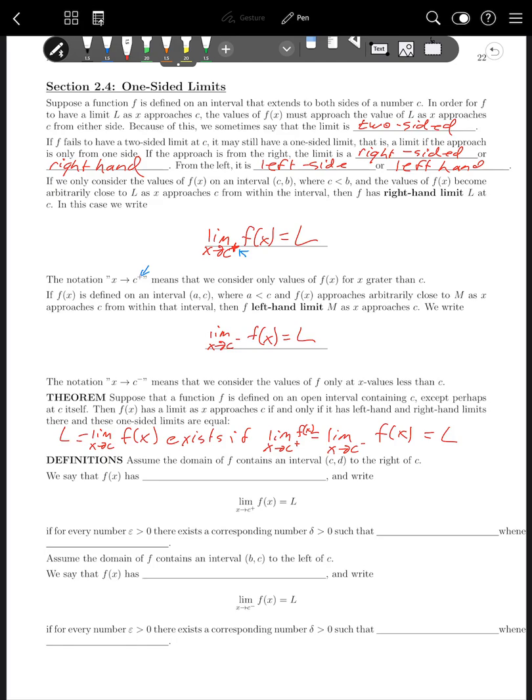We say that f of x has right-hand limit L at c, and write this limit, if the following is true: for every epsilon greater than 0, there is a corresponding delta greater than 0, such that the absolute value of f of x minus L is less than epsilon whenever c is less than x, which is less than c plus delta.